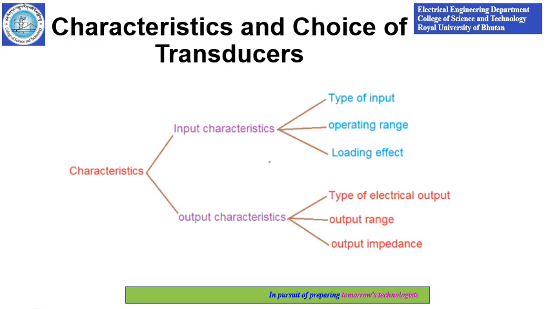We're going to look at the operating range of our transducers, and we're going to look at the loading effect of transducers. The second characteristic is the output characteristics, and under output characteristics, we're going to look at the type of electrical output. We're going to look at output range, and we're going to look at output impedance.